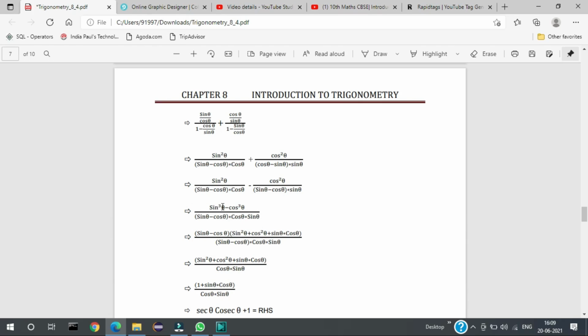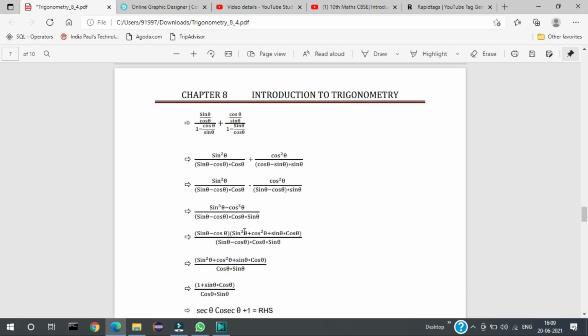So which is in the form a cube minus b cube. What is the formula for a cube minus b cube? It can be written (a minus b) into (a square plus b square plus ab). So (sin theta minus cos theta) into (sin square theta plus cos square theta plus sin theta cos theta) by (sin theta minus cos theta) into cos theta into sin theta. So sin theta minus cos theta gets cancelled.